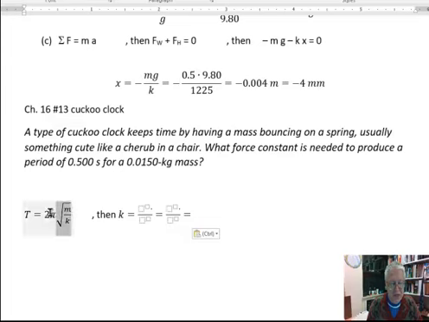So what I'm going to use for this one is the equation for the oscillations of a spring, how much time it takes for one oscillation. It looks really similar to the oscillations for a pendulum, except in a pendulum you would replace the m over k by L over g.